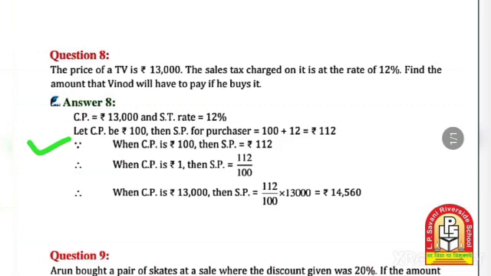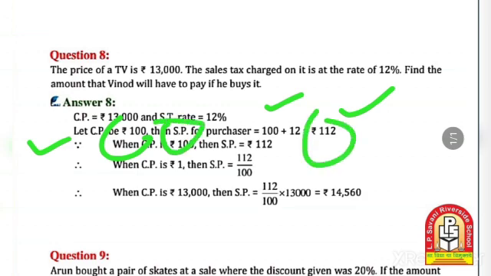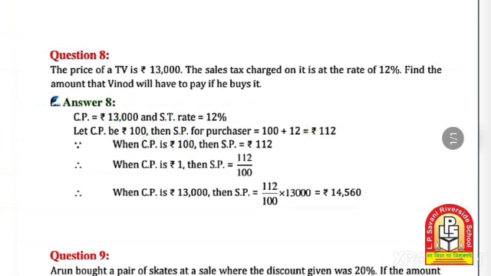So let cost price be 100 rupees, then the SP for the purchaser is 100 plus 12, that gives us 112. So if the cost price is 100 rupees, then we have to sell it at 112 rupees if we want to apply the rate of 12%.